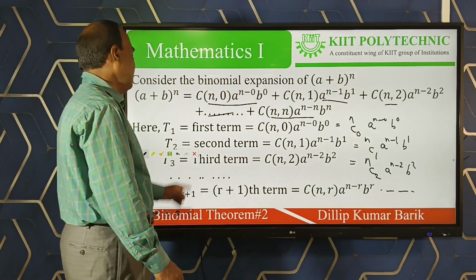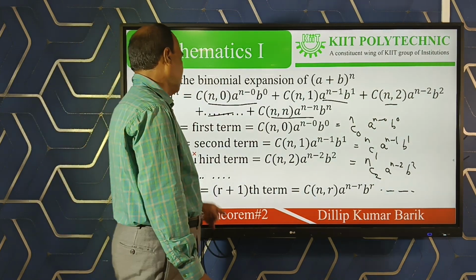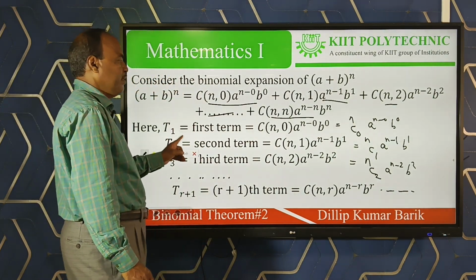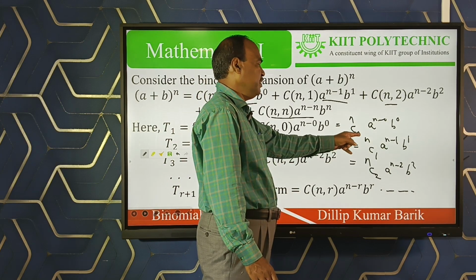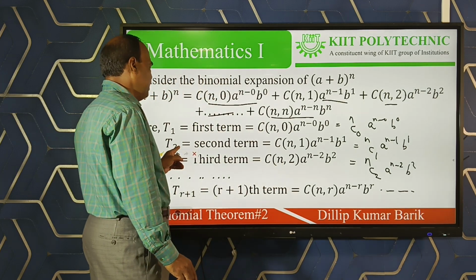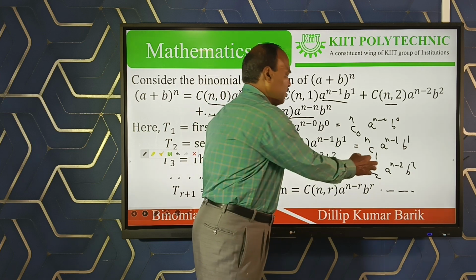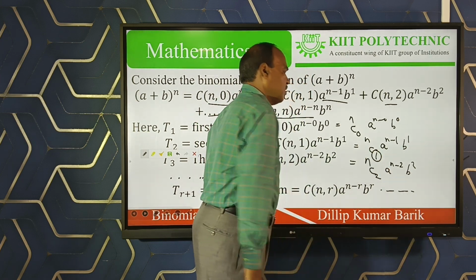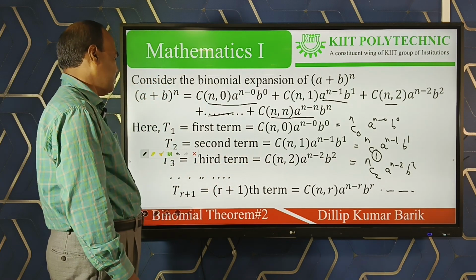Mark here that in each term, in your combination notation, the suffix of the combination is 0 for the first term, just one less than the number of terms. Similarly, for the second term T2, nC1, the suffix of the combination is 1 less than the number of terms.